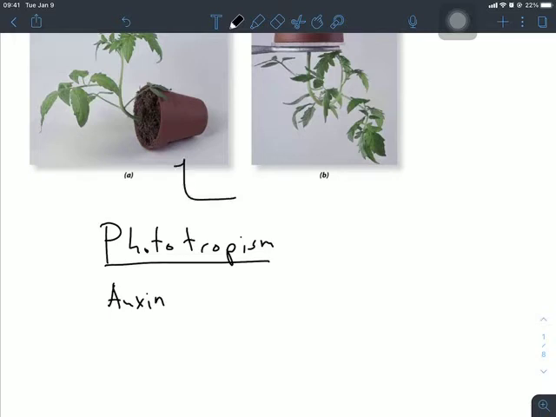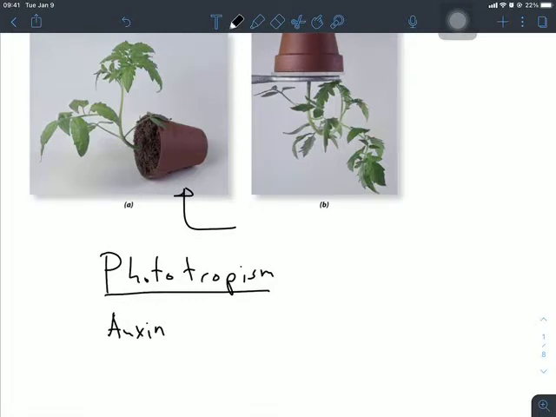Let's say, for example, that we're trying to diagram what was happening in the shoot apical meristem of this tipped over tomato plant in order to allow it to adjust to grow straight up towards the light.